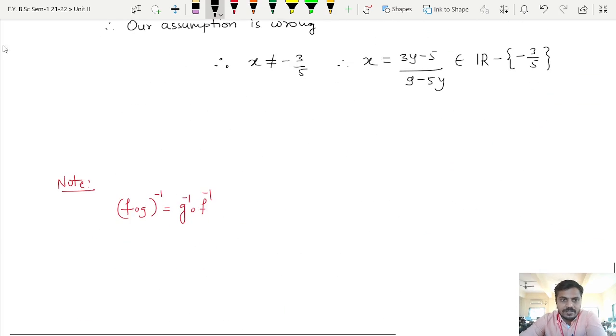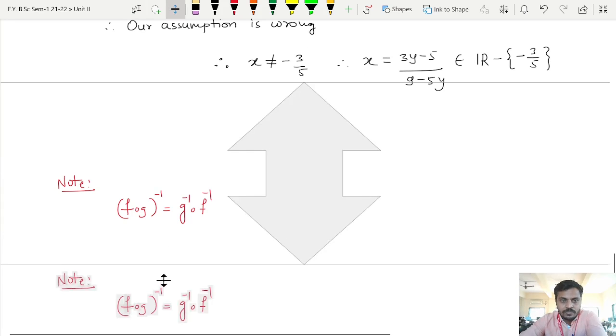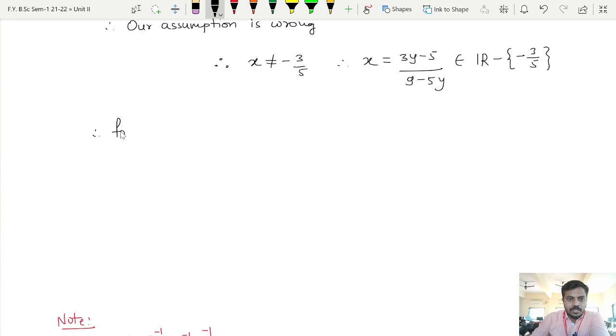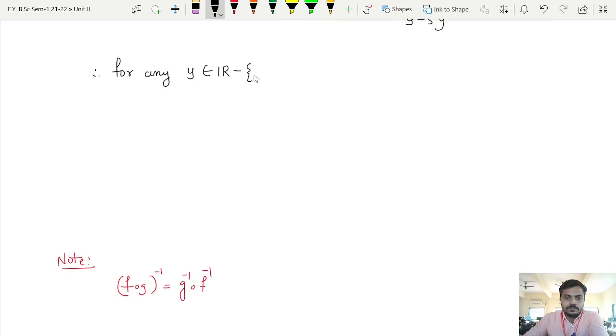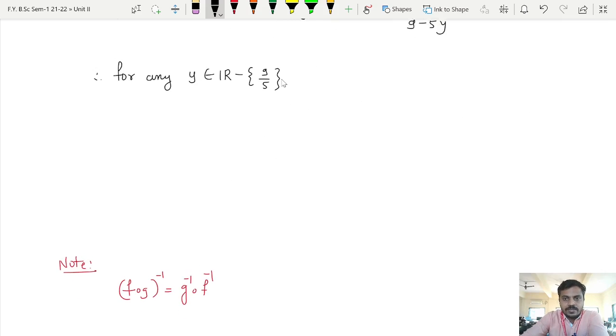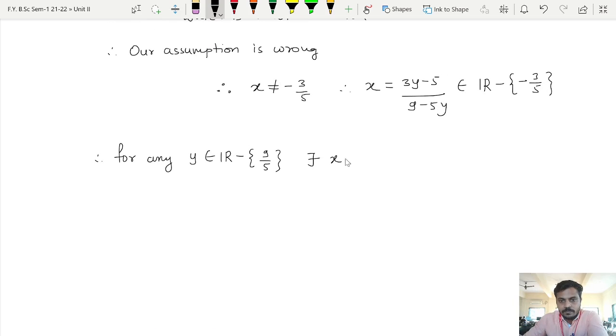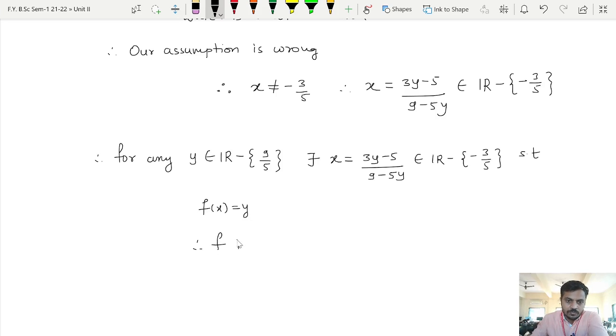And therefore, for any y belonging to R minus {9/5}, which was our codomain, there exists x equal to (3y minus 5) upon (9 minus 5y) belonging to the domain such that f of x is equal to y, and therefore f is onto.